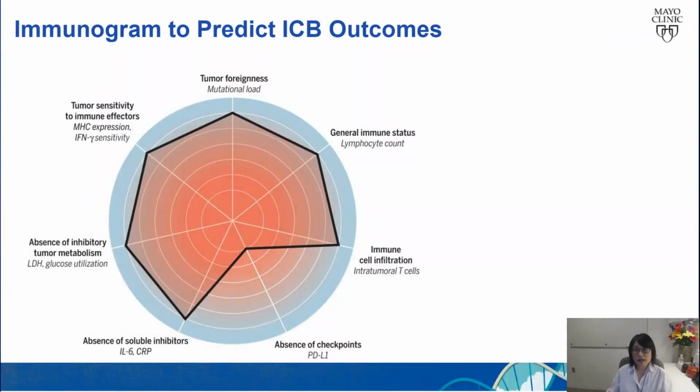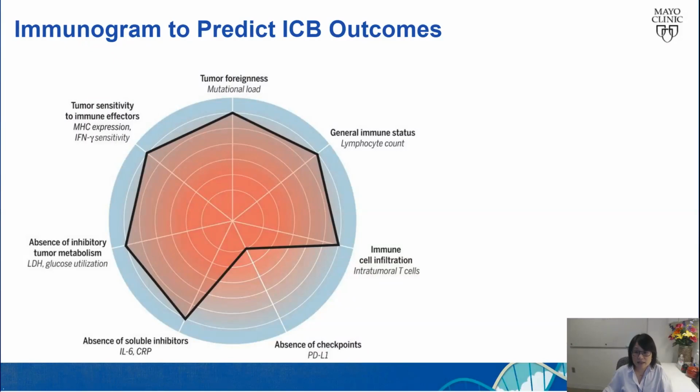Over the years, a cancer immunogram has been proposed around 7 classes of biomarkers that can be used to predict the ICB or immunotherapy treatment outcomes. As shown in this figure, from the top and clockwise are tumor foreignness as determined by tumor mutational burden.